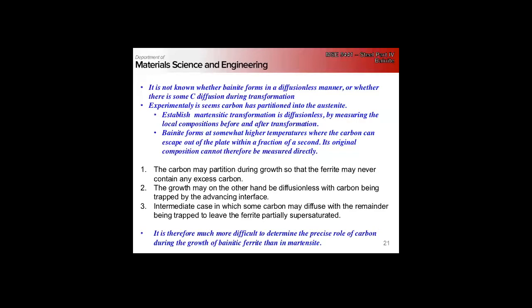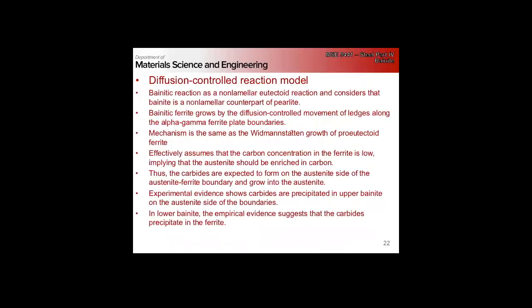Or there's an intermediate case where some carbon can diffuse and some is trapped, right? And so instead of a completely supersaturated ferrite, we have a partially supersaturated ferrite. And we can't really tell by looking or by experimental methods which of these is true. So we have a couple different models. This is why there's so much argument about this.